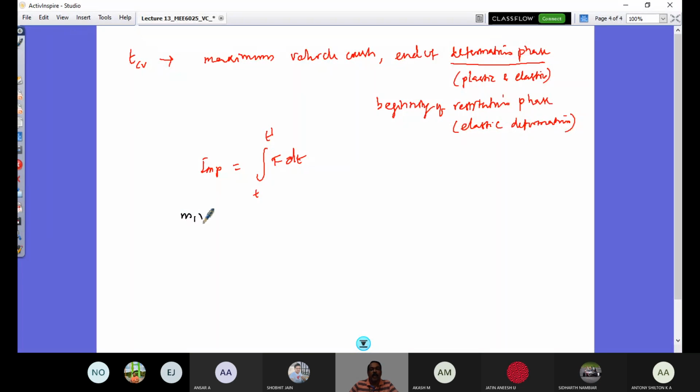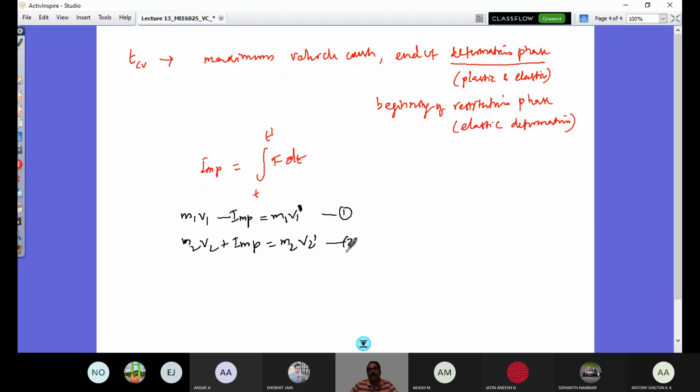That would give me m1 v1 minus total impulse exerted by vehicle v2 on v1, that's equal to m1 v1 dash. So I just take vehicle 1 alone and write this equation like we did earlier, and the second equation would be m2 v2 plus impulse equal to m2 v2 dash.